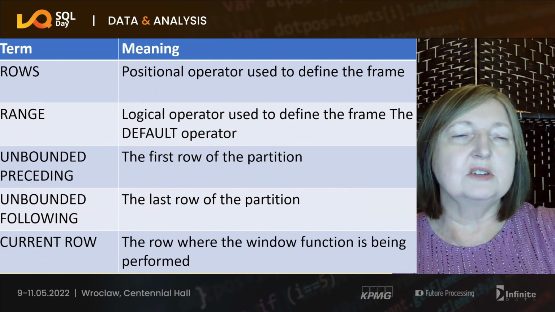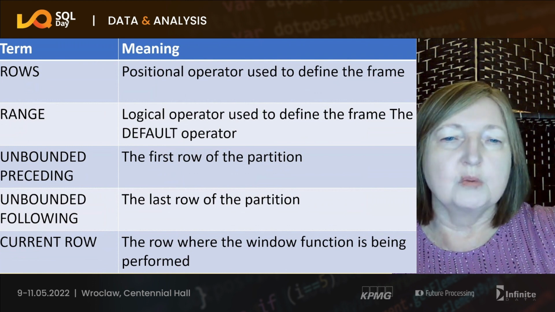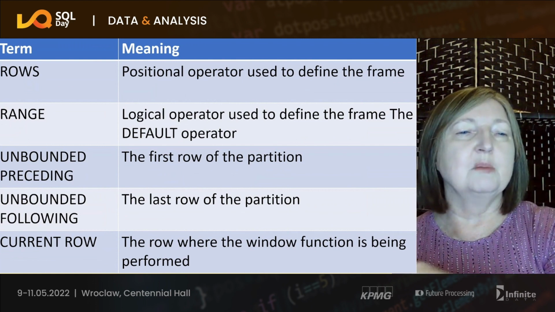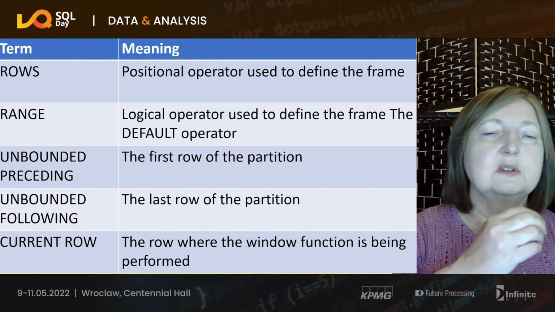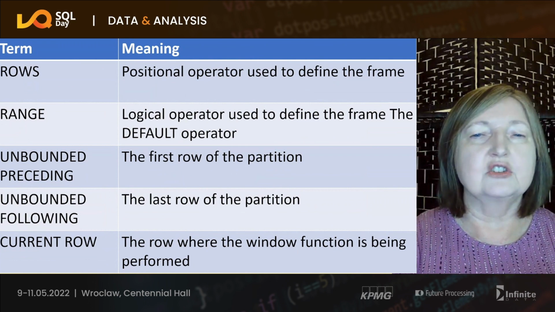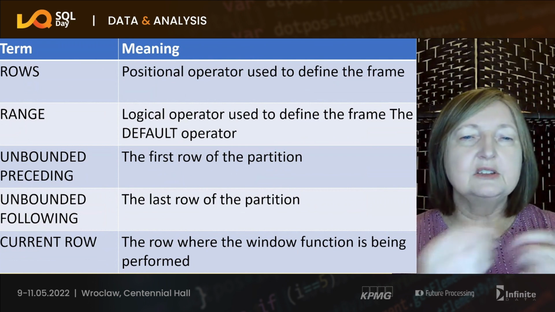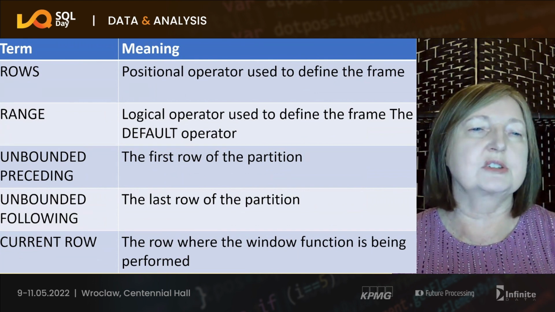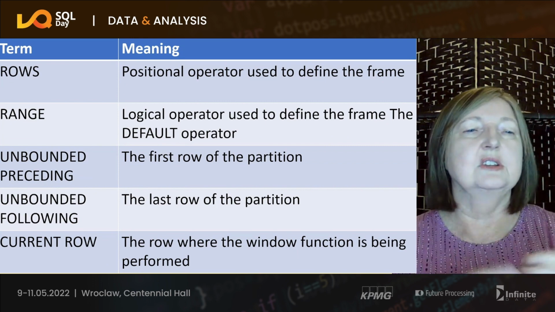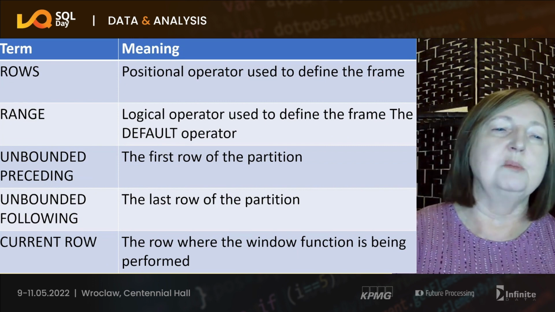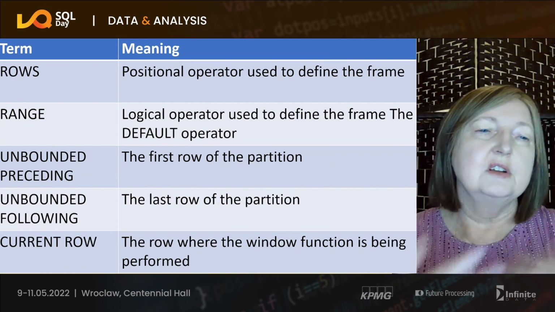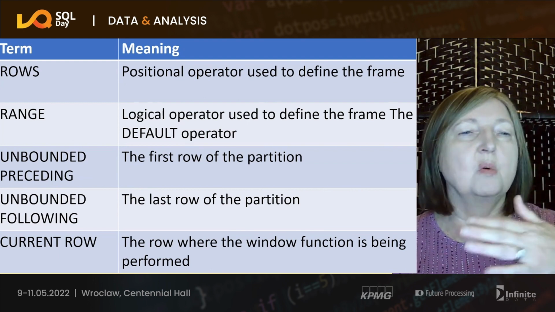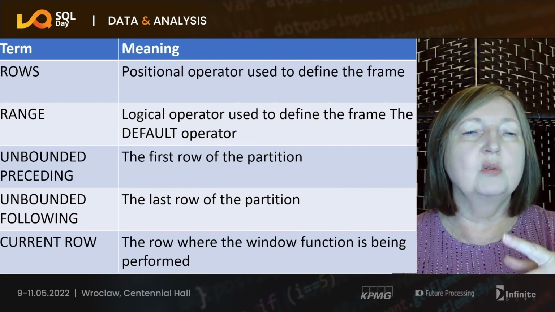So at this point, always use rows. Now in the future, should Microsoft implement the other functionality that goes with range, and this has to do with time periods. I have not really seen an example of how this works, but it has to do with time periods. Then you would use one or the other depending on what you were trying to accomplish. So right now, there's no detriment to using rows.